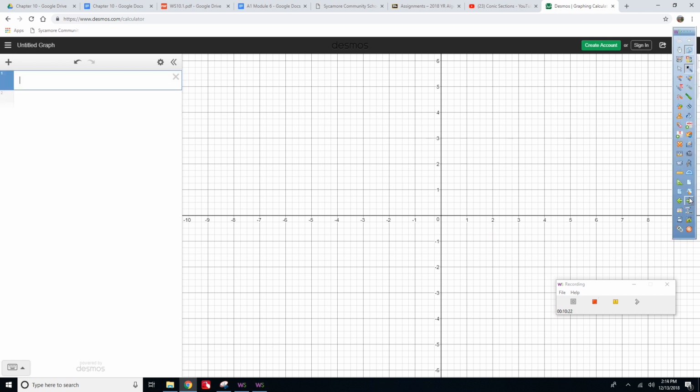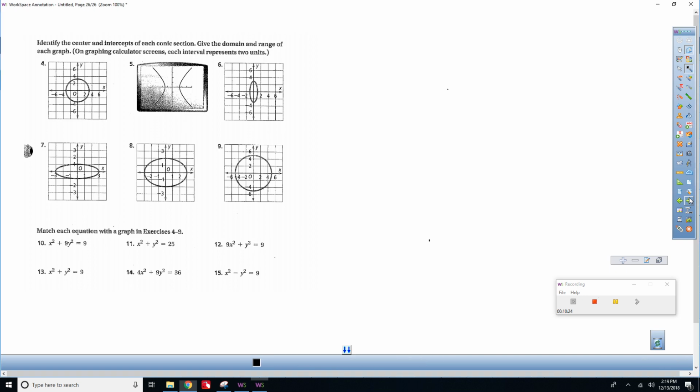Now, let's move on to the next page. Identify the center and the intercepts of each conic section. Okay? Give the domain and range. So, let's just make a chart.